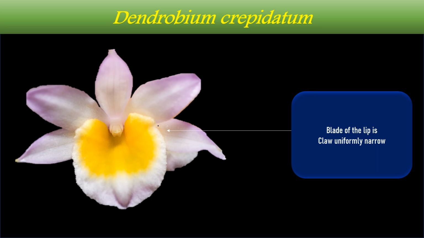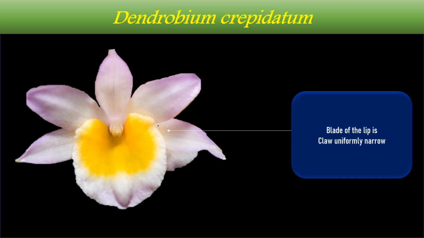As I have told earlier in our previous slides, other Dendrobium species have very distinguished lip characters, and some have very similar shapes, but what makes them different is the outline of the lip and the color variation.